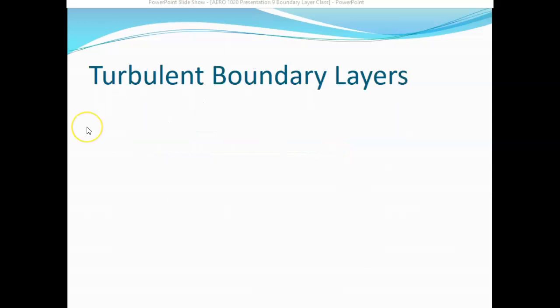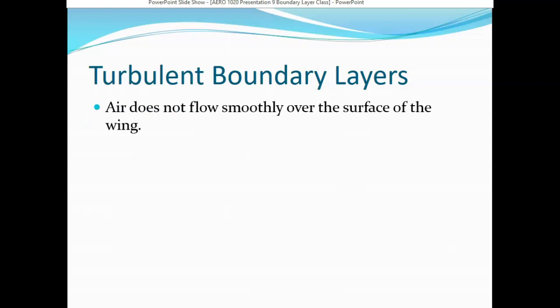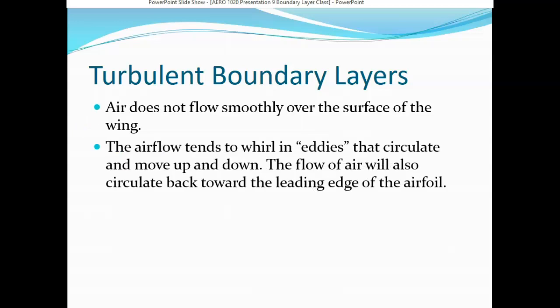So what are the characteristics of the turbulent boundary layer? Well, first of all, the air doesn't flow smoothly over the surface of the wing in the turbulent boundary layer. Instead of flowing smoothly, we get whirls called eddies that circulate and move up and down, and the flow of air can also circulate back toward the leading edge of the airfoil.